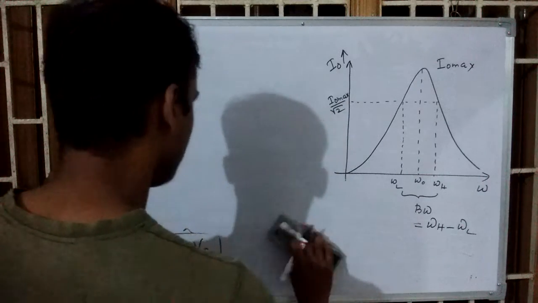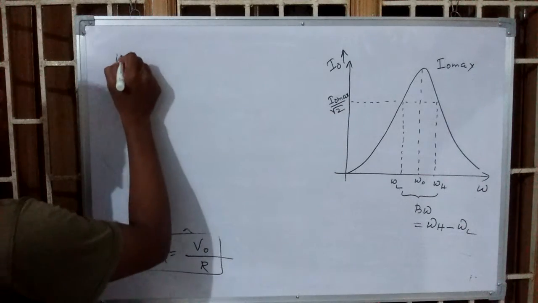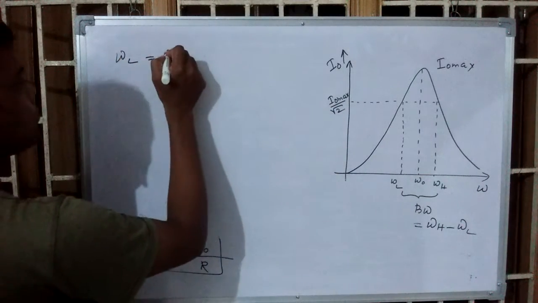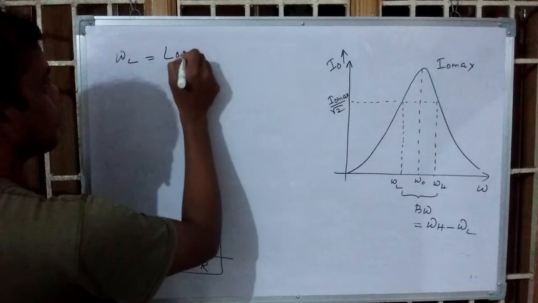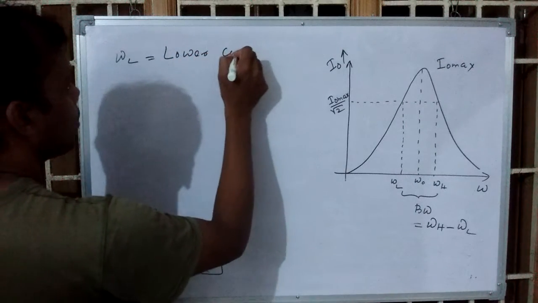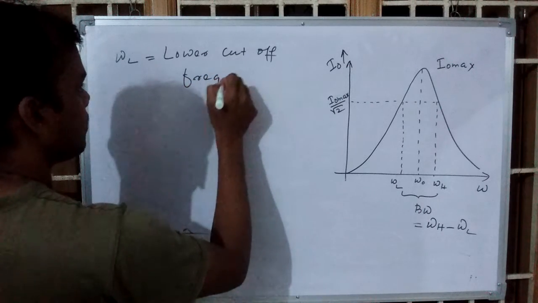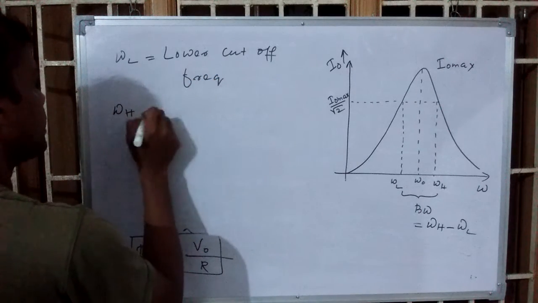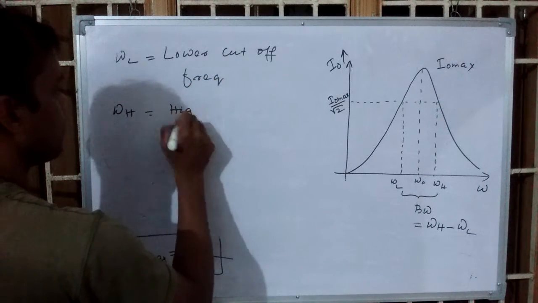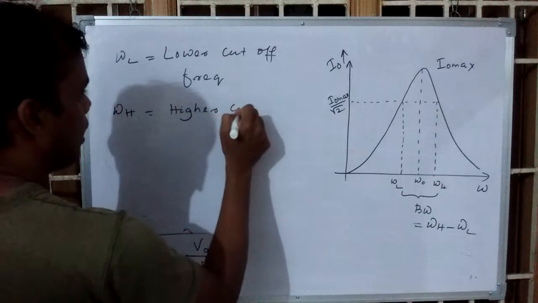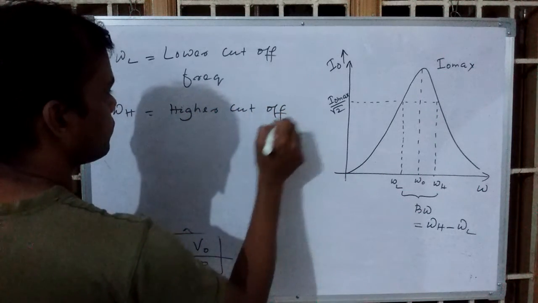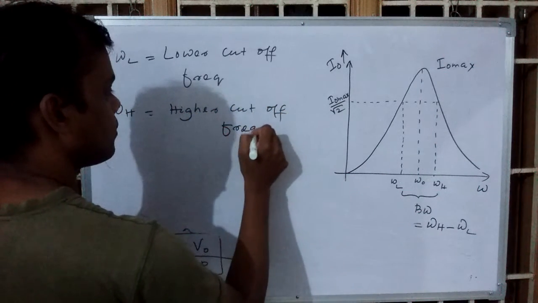So what we get here is that omega L is the lower cutoff frequency and omega H is the higher cutoff frequency.